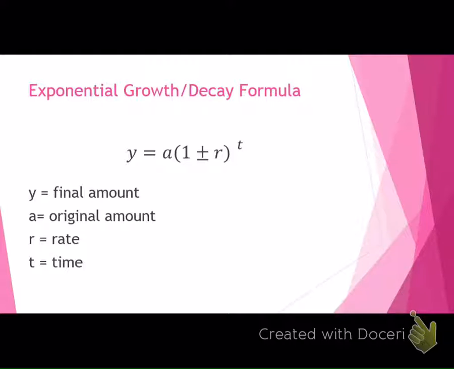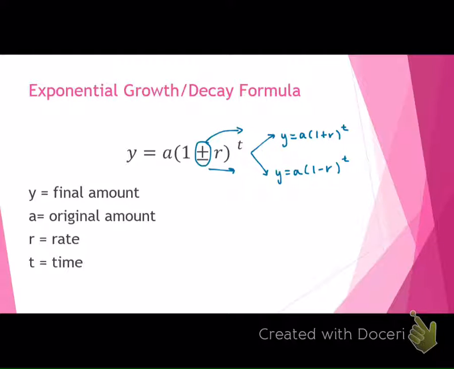That means that this is actually 2 different equations in one. So it's just putting both the growth and the decay formula in one equation. It just means one's an addition problem and one's a subtraction problem. So that's all that this plus or minus means here.